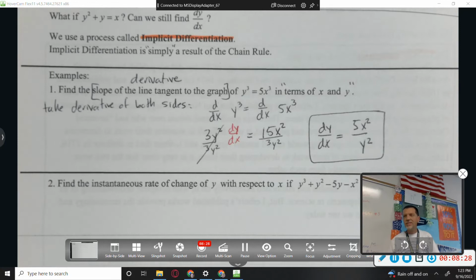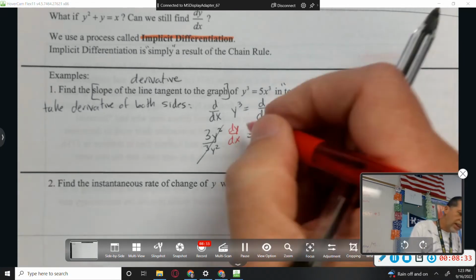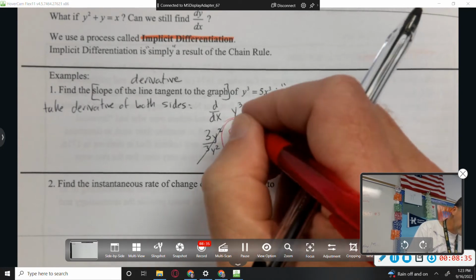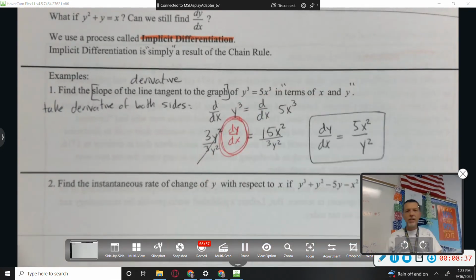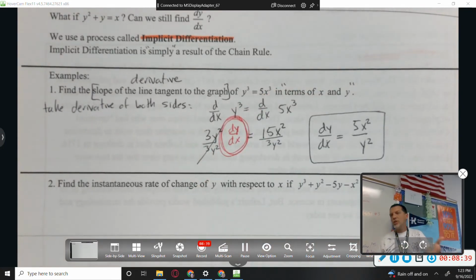That's implicit differentiation. The only thing different about it, I mean, it is a big deal, but the only thing different about it is dy dx shows up as you take a derivative of y.